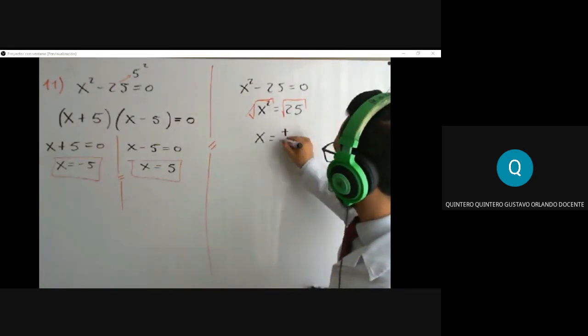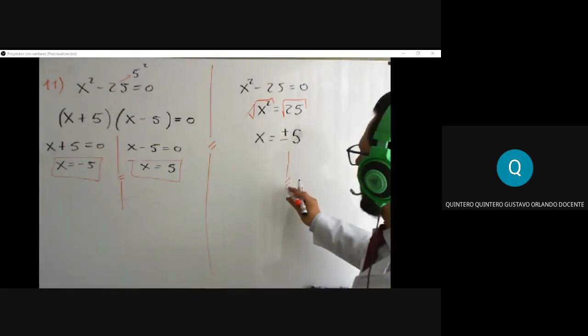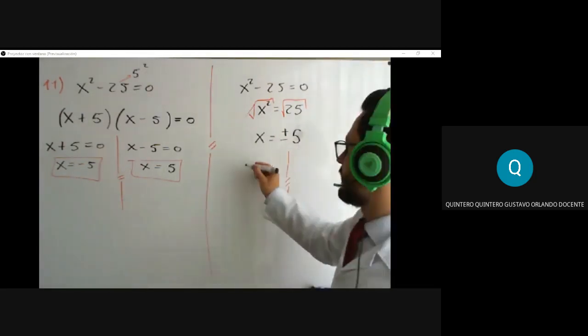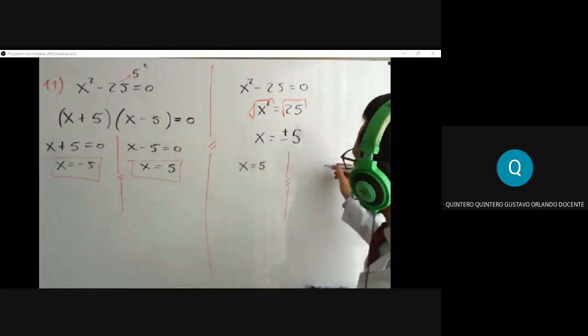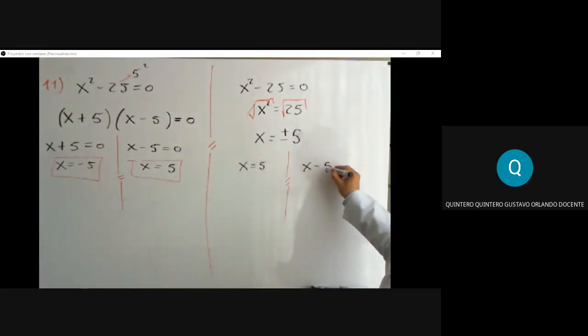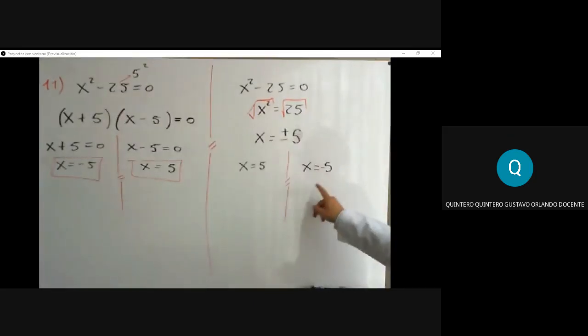So positive or negative 5, right? Since we have positive and negative, that means our x can take two values. Either positive 5 or negative 5.